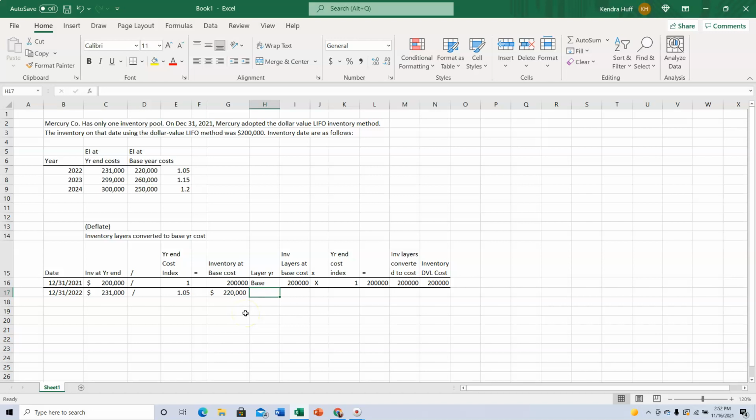So it's 2022 now, and we had 200, now we have 220, so we're adding a layer. But before you add the layer, you have to bring this 200 down first, so you have the base of 200. Then we have 2022, and we're adding 20, the difference between the 220 and the 200. It's times 1.05, inflating it back up.